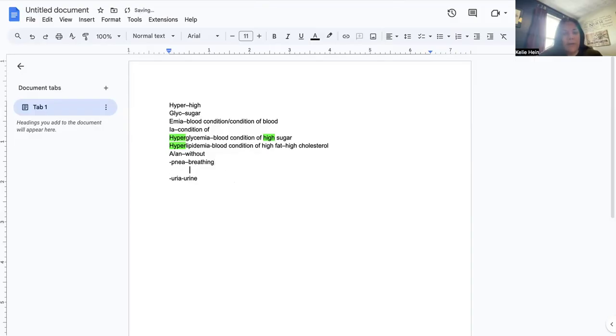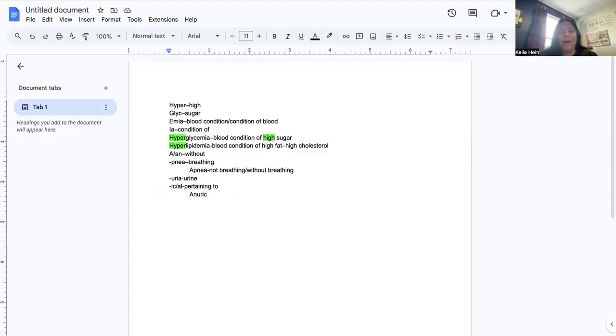So if we go down here and put A in front of this, apnea, not breathing, right? Your client's not breathing because it means without breathing. Okay. If we go down here, I want to add a suffix here, ic, pertaining to. Okay. IC or AL means pertaining to. Okay, so if I say anuric, pertaining to without urine, okay.